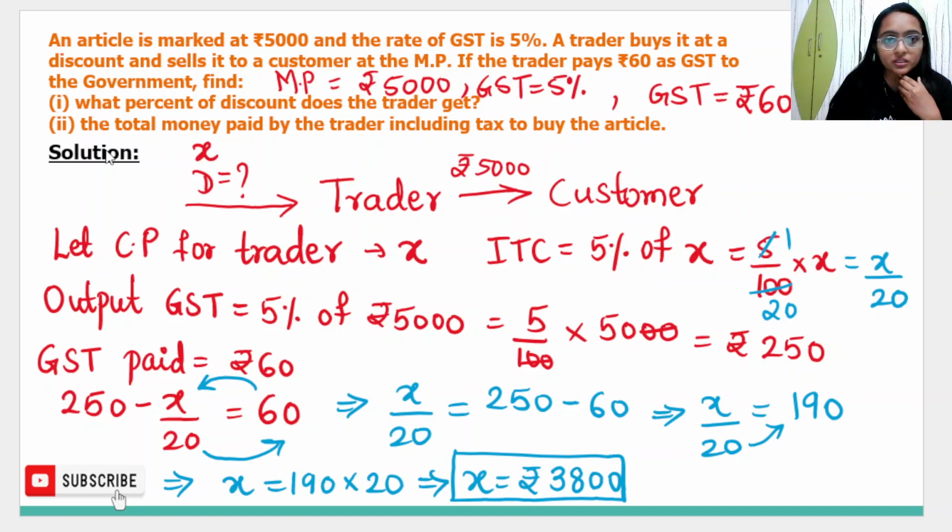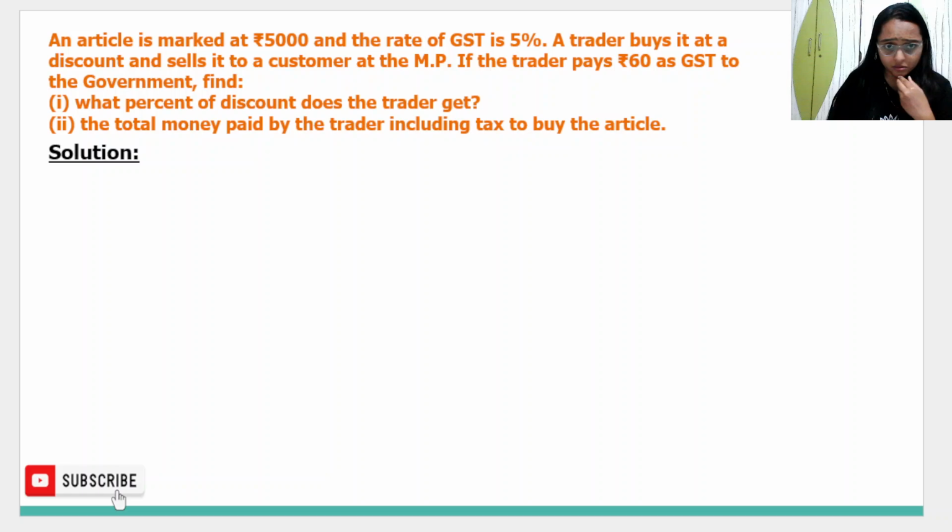Now if you read the first question again, what they have asked is, what percent of discount did the trader get? Clearly we know he has got a discount. So first, to find the discount percentage, you need to calculate the discount. So discount is how much?